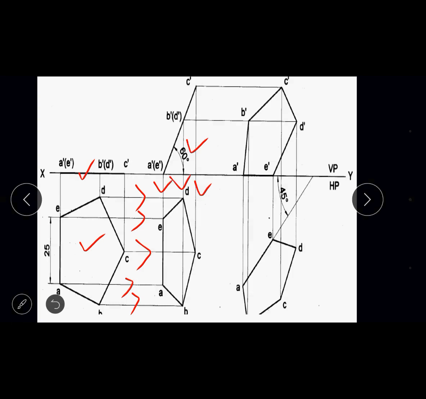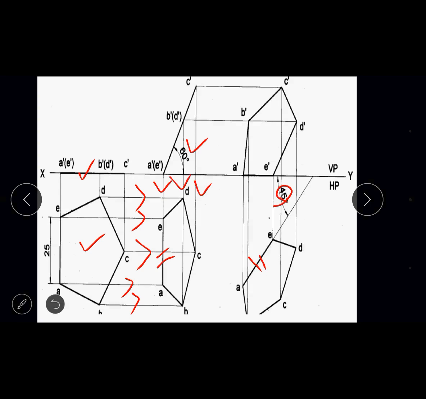In the third step, first the 45 degree line is constructed. Consider a 45 degree line, and then on that 45 degree line, measure this edge AE. Of course, it will be 25 mm. So measure the edge AE and transfer this edge AE onto this 45 degree line. After you transfer it, how to get the other four sides of the pentagon?